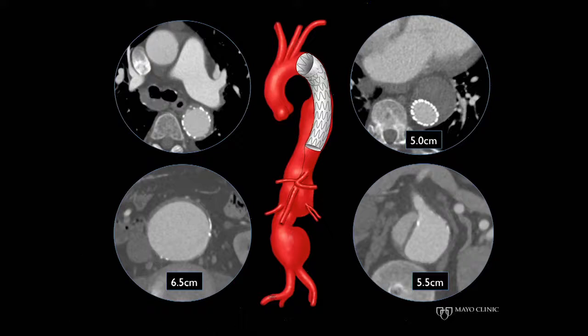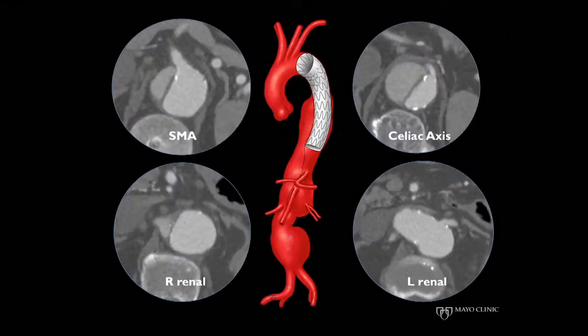This slide is a summary of the diameters of the aorta, including a diameter of 5 cm in the treated segment in the chest, 6.5 cm in the infrarenal aorta, and 5.5 cm at the level of the SMA. Also noting here that the SMA originates from the true lumen, as does the celiac axis and the left renal artery, and the right renal artery originates from a fairly isolated false lumen.